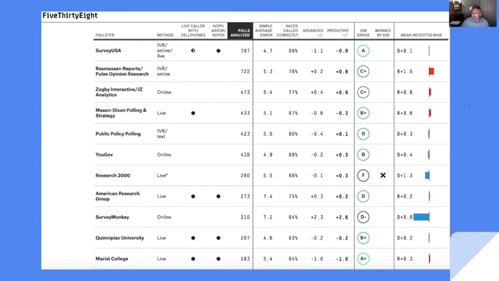When I took these screen captures in the summer of 2020, notice on the right-hand side, mean reverted bias. This is showing whether they end up leaning too much one way or the other. SurveyMonkey leans heavily towards Democrats. Rasmussen leans 1.5 points towards Republicans. So these are factors to take into account.